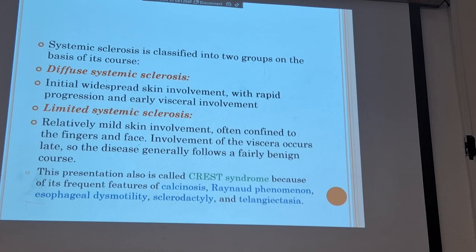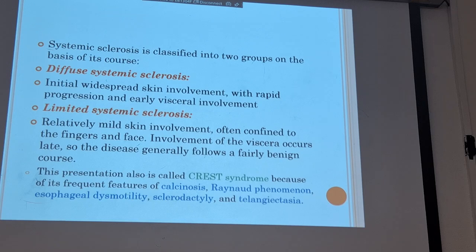But in limited systemic sclerosis, the skin involvement is mild, most of the time involving the face and fingers, and involvement of viscera is milder and late. So the course is benign in contrast to diffuse systemic sclerosis.